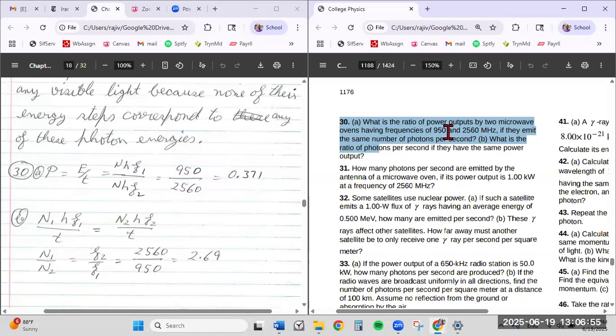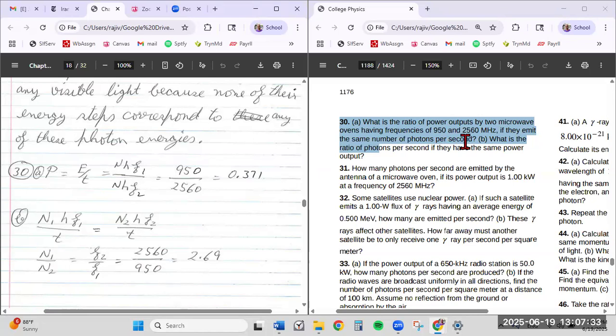In the first part, you're emitting the same number of photons, so we use the same n in the numerator and the denominator. So it's basically nhf1 over nhf2. The n and the h cancel out, leaving us with just the ratio of the frequencies. So 950 over 2560 comes to 0.371. So that's the ratio of the power output of these two microwave ovens.